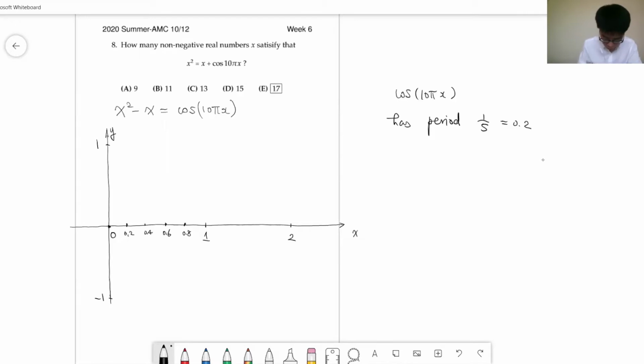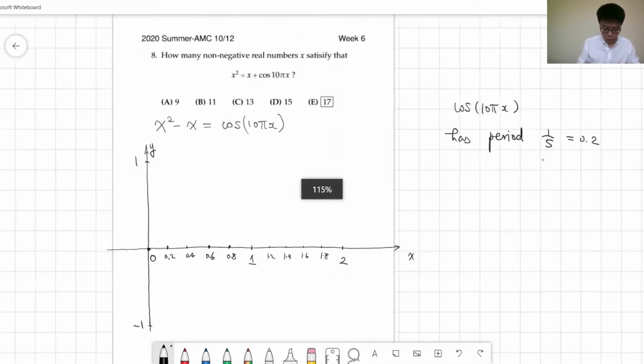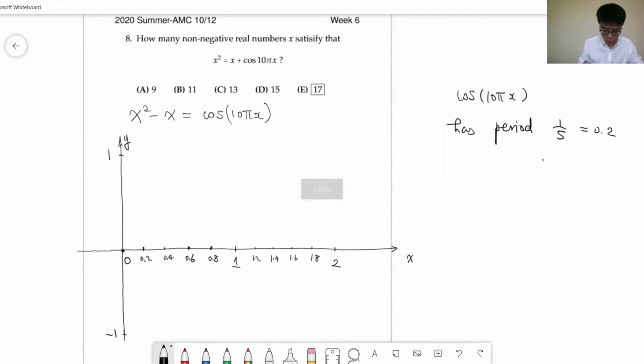Here also I divide into 5 pieces: 1.2, 1.4, 1.6, 1.8, like that. Now, for each small interval, we have 1 period of cosine. Let me zoom in and draw this graph.